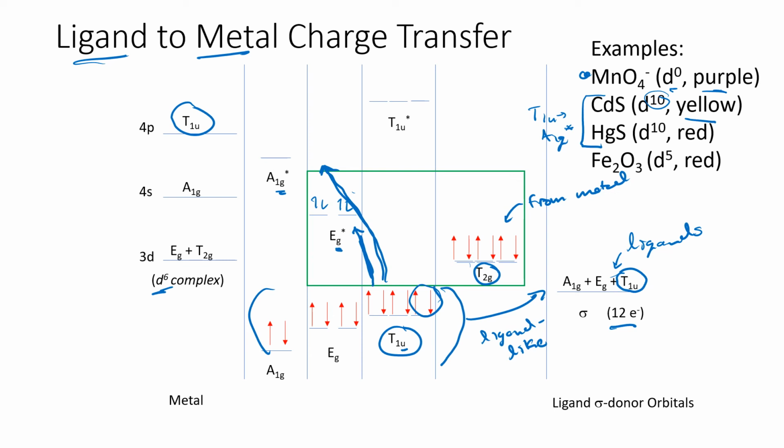Iron oxide, this red rust, right? That is also a charge transfer complex, and that's a D5 complex, high spin. And so in that case, we would have a single electron, you can ignore these, right? Single electron in each of those. And likewise, we'd have a single electron in these spots, right? And now we have allowed transitions potentially to T2G, to EG star, or to A1G star, right?